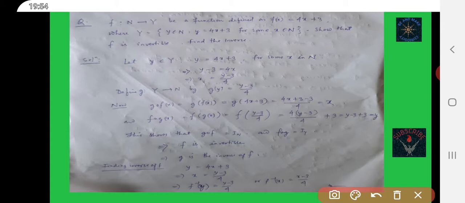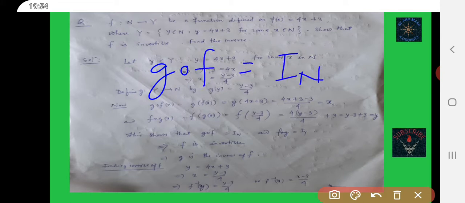Okay, now we have to show, if we show gof is equal to I_N, here set is N, and fog is equal to I_Y.